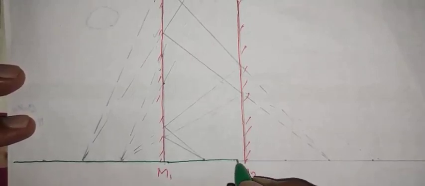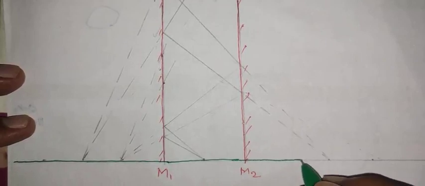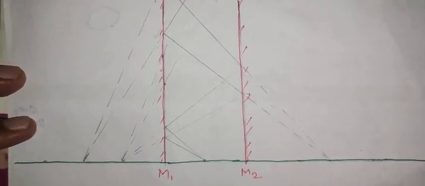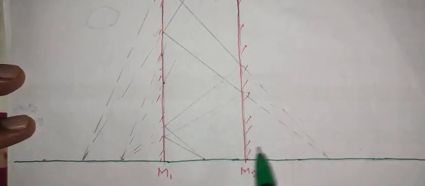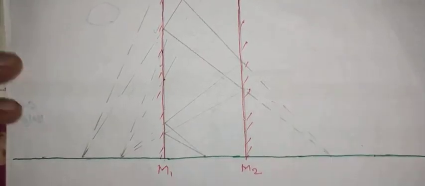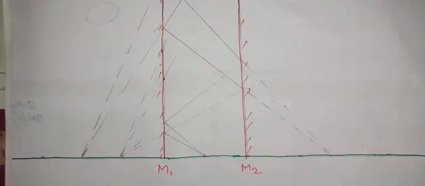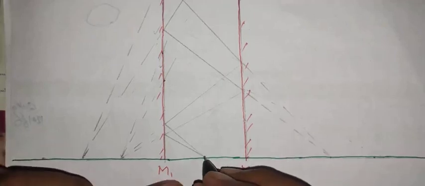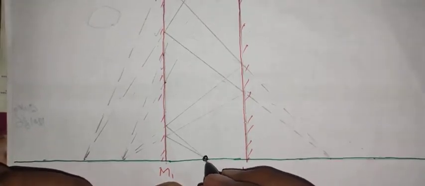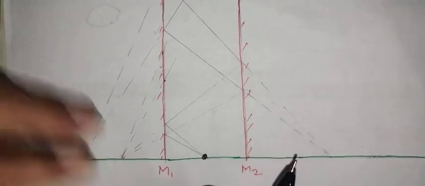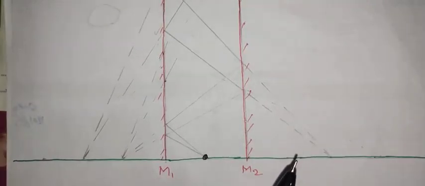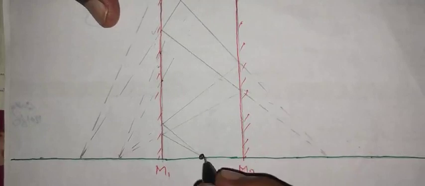On this base, which is represented by a green straight line, both mirrors M1 and M2 are set. In between both, let here be a point object. How many images will be formed of this point object?